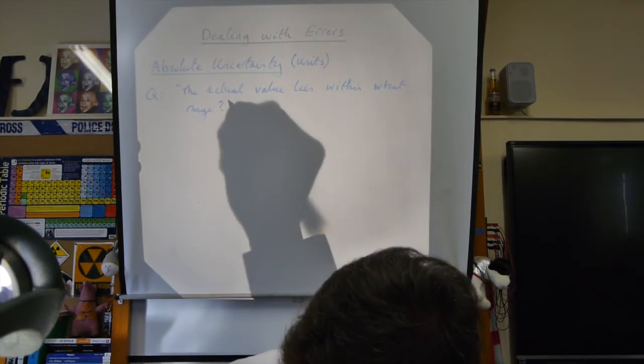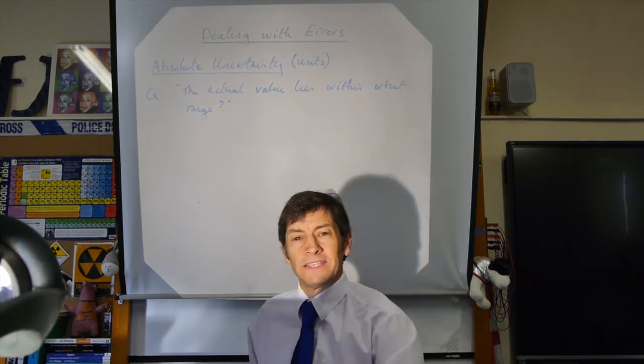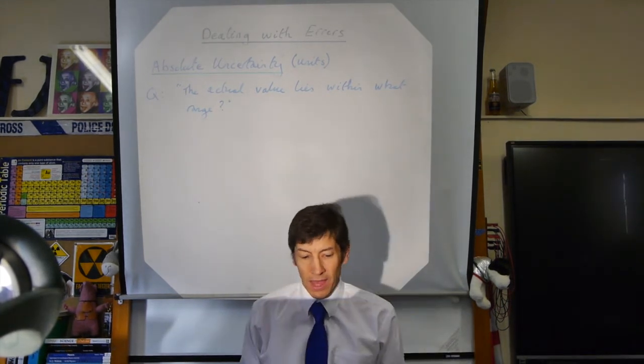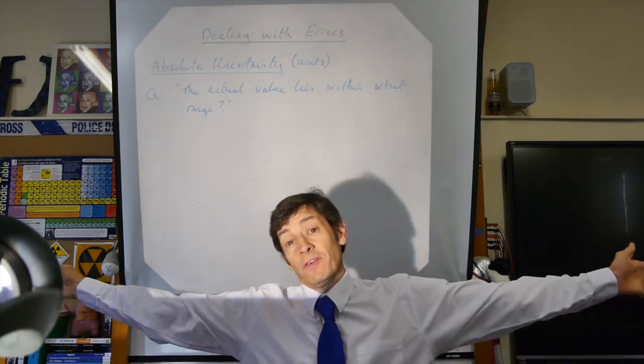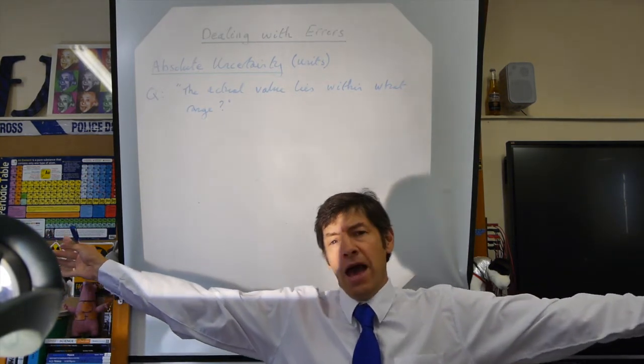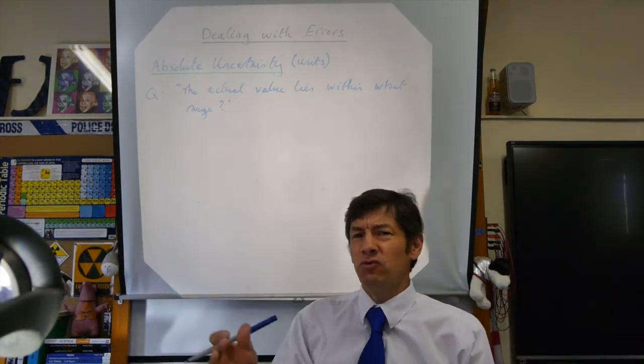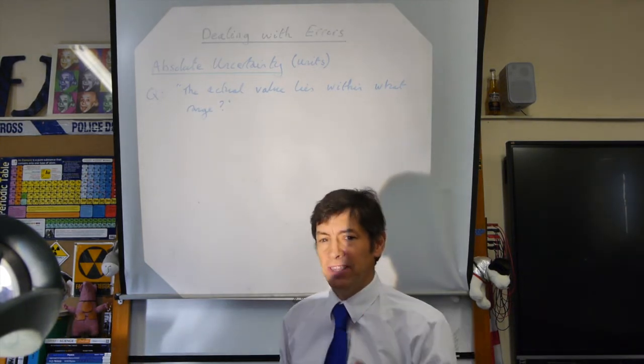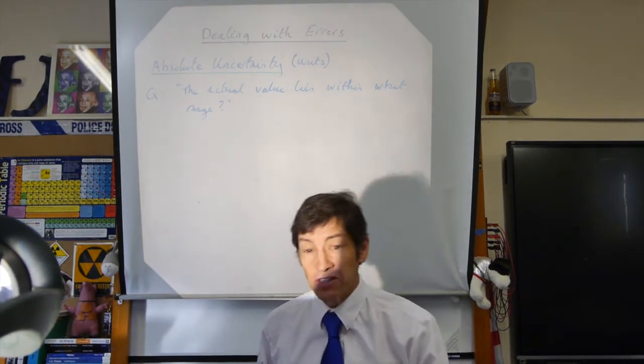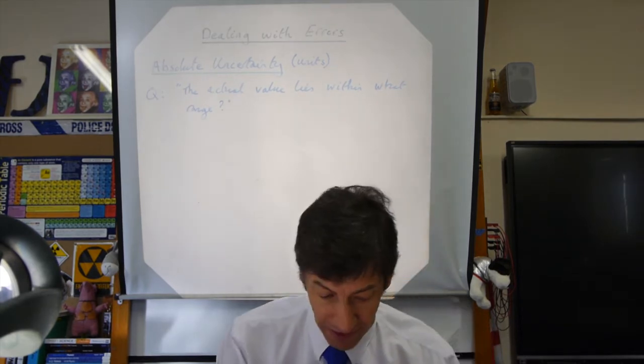So if I state a value for the sort of width of my laboratory, what sort of range is that sitting in? Now, this is a bit difficult to explain, so let's do it in terms of an example.